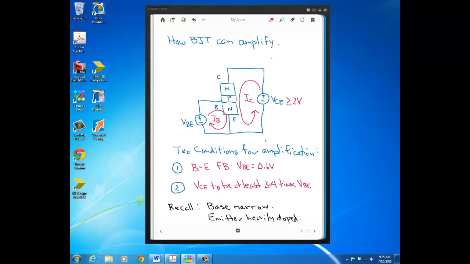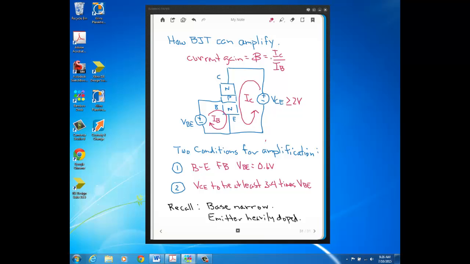Now, just a few equations here before we talk about the IV characteristics of a BJT. One is that current gain, which is represented with the symbol beta, is just equal to the ratio of collector current to base current.